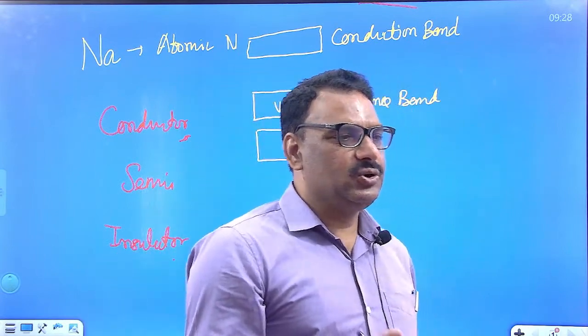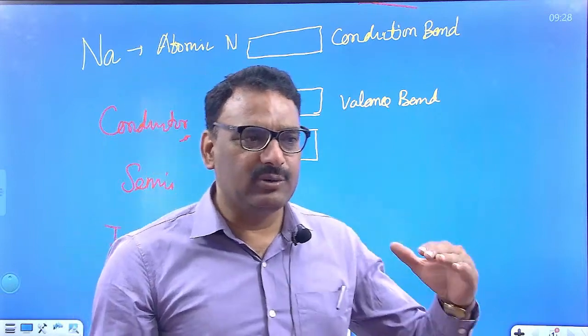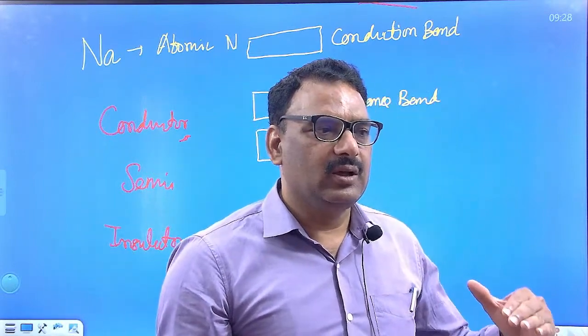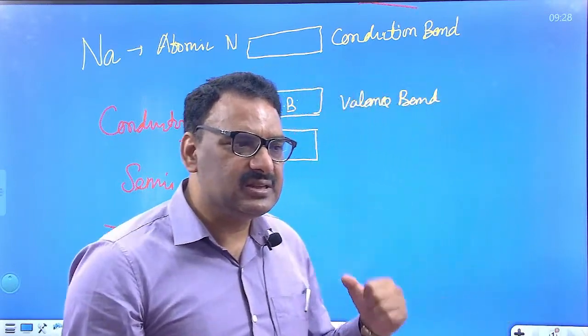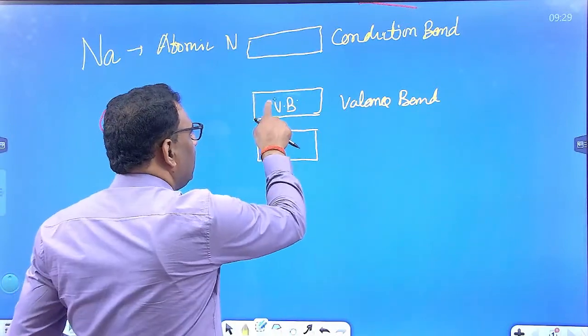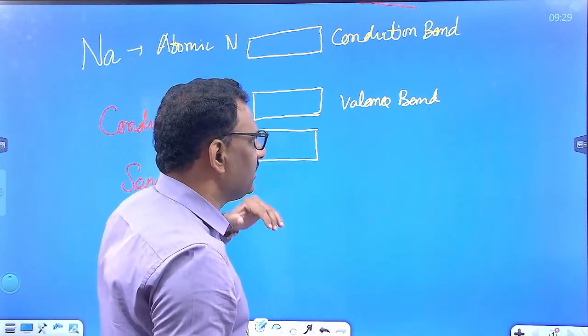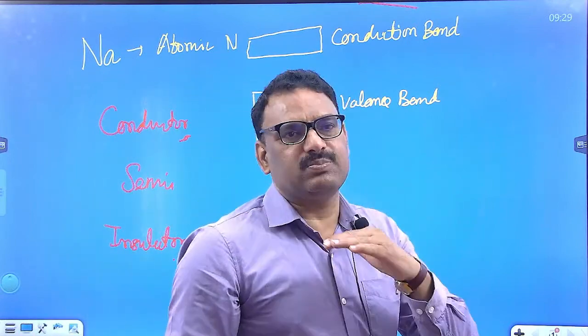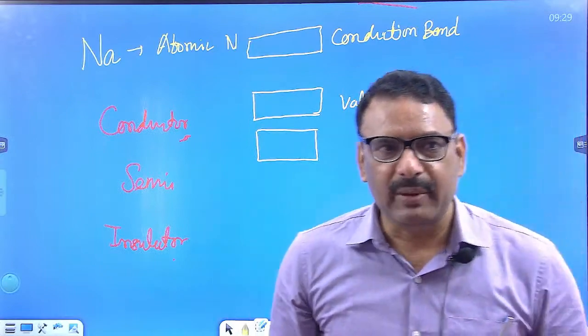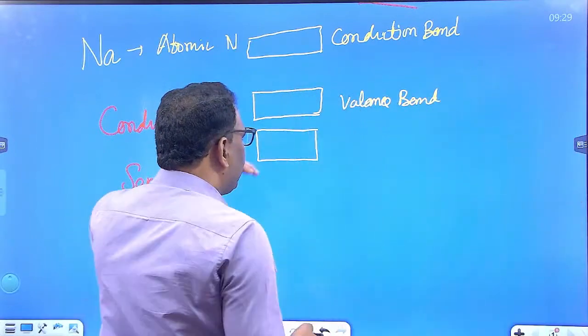All the electrons lying in the outermost orbit are known as valence electrons. So this is your valence band, and above this valence band we have another band that is known as the conduction band.